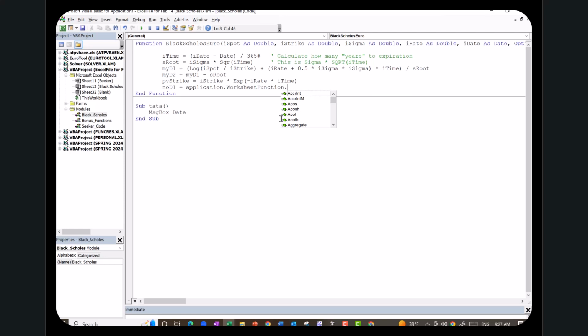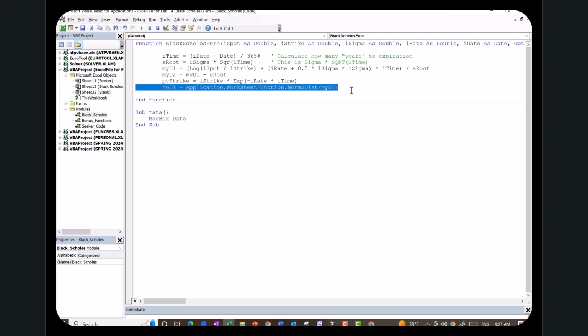We refer to the worksheet function this way: Application.WorksheetFunction.Norm_S_Dist. That's for the standard normal distribution. My d1, and I'm going to be very lazy and copy and paste that.